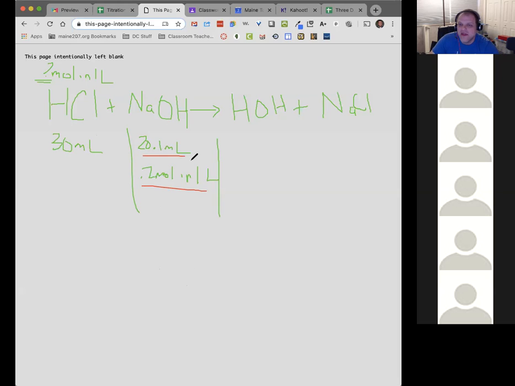And once we know the number of moles of NaOH, the ratio is 1 to 1. So that'll give us the number of moles of HCl. So we can solve for this first. It's 1 to 1, so this should be the same. So solve for this first, and then we just need to make this be that. Okay.